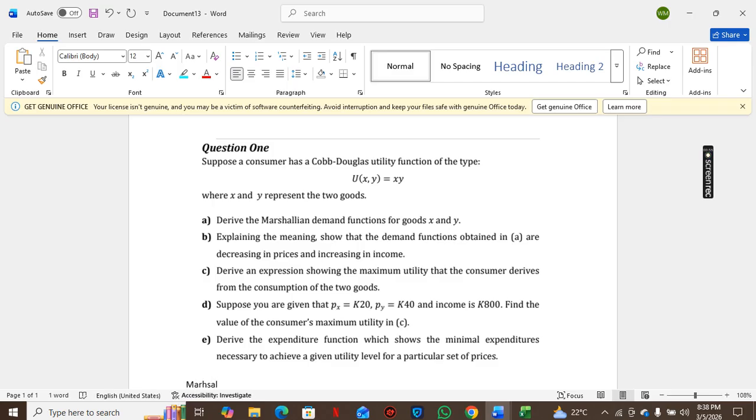Marshallian demand, the quantity of goods you can buy with the available income and prices.